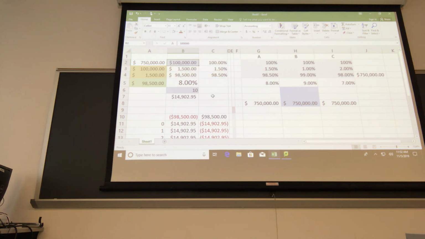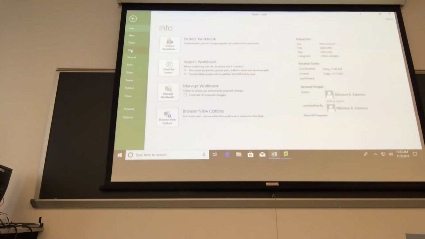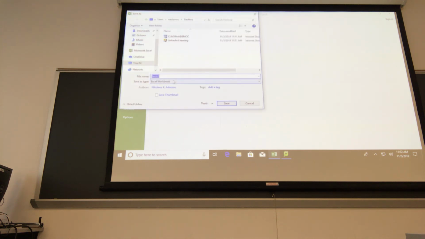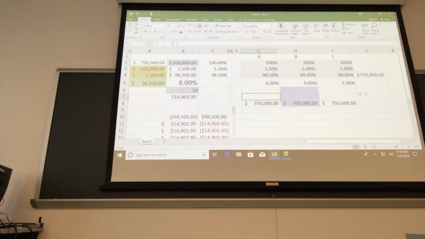Here we started from the total amount of the loan, and then I want you to be able to start from the amount that you have available. What do I have? I have to save it. And if I have to save it, I want to think about points of a loan.